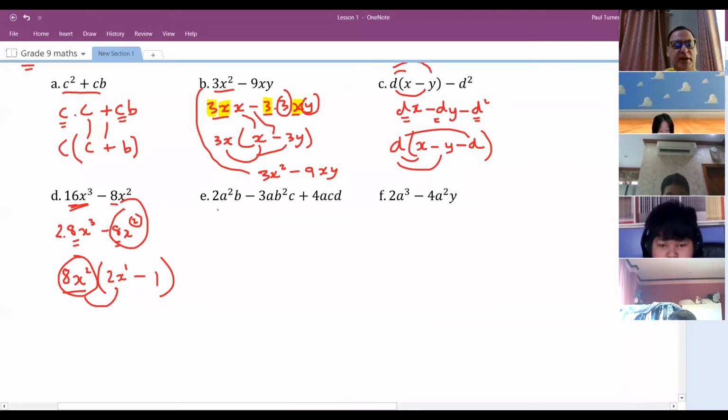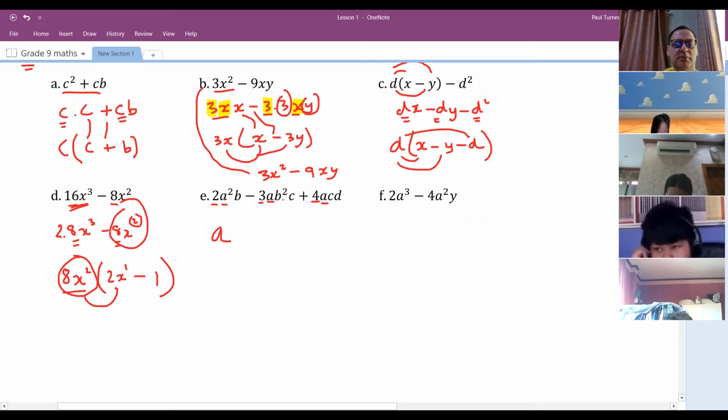So take a look at this one. So look at your numbers first. 2, 3, 4. There's no common factor here. Okay, if you had 4, okay, 2 is a common factor, but we've got 2, 3, 4. So there's no common factor for the numbers. Now look at your letters. We've got a squared, a. So a will be a common factor.